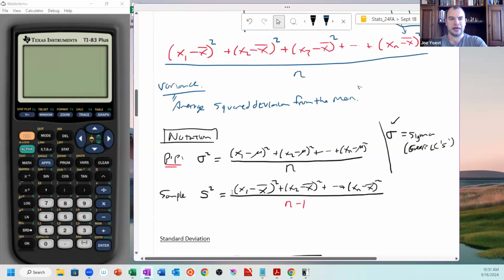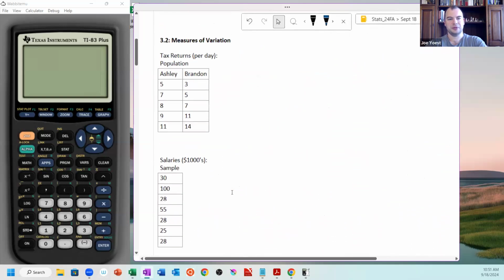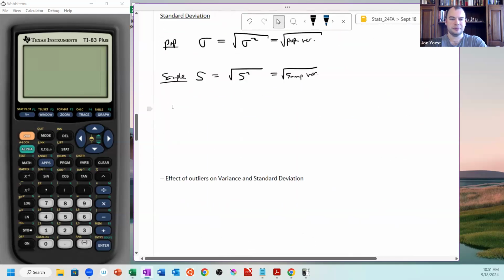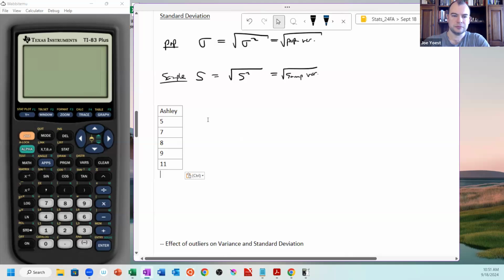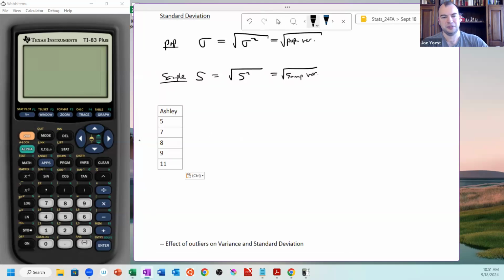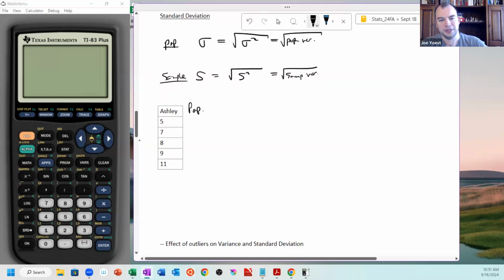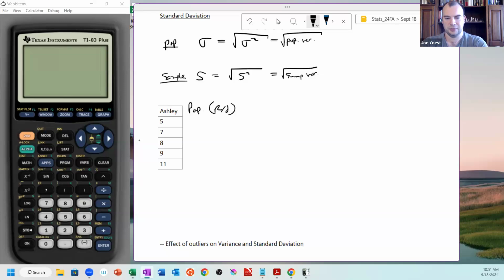All right, let's look at a couple examples. So let's come up here and grab the Ashley data first. Keep in mind that these data are a population and they're in units of returns per day. Okay, so let's look at our Ashley data.